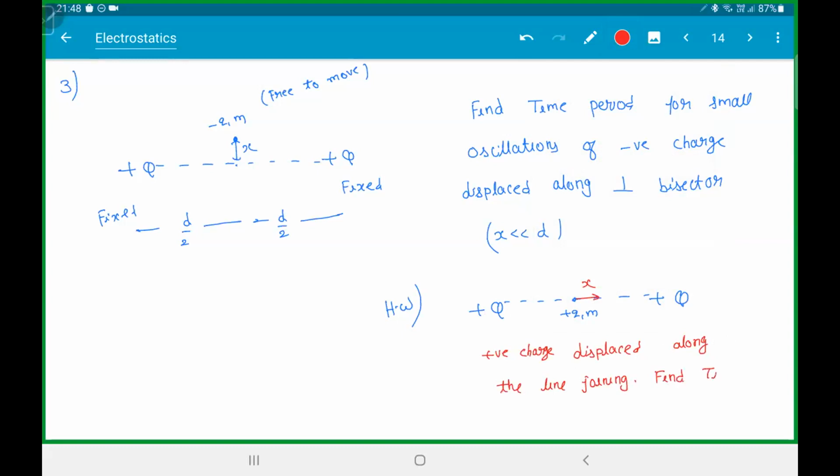This will be a homework question. Give it a try. It's a good one. A negative charge you have to displace along the bisector because they'll attract. If you put a negative charge and push this way, the plus q will attract more strongly and it will go and stick to it. It will not oscillate. That's an additional question you can try.